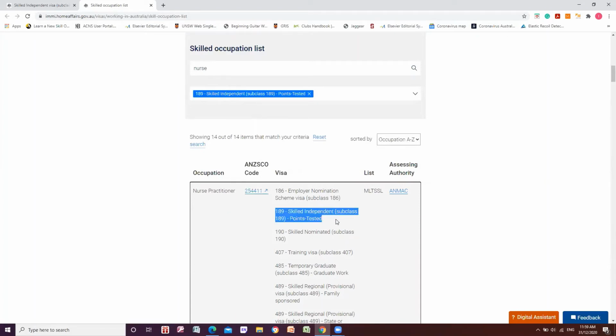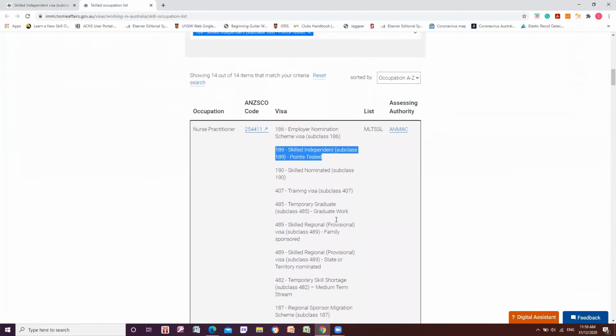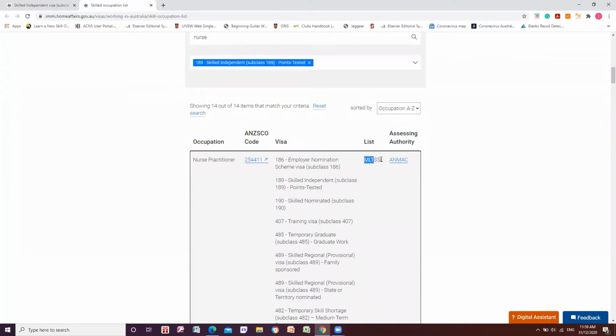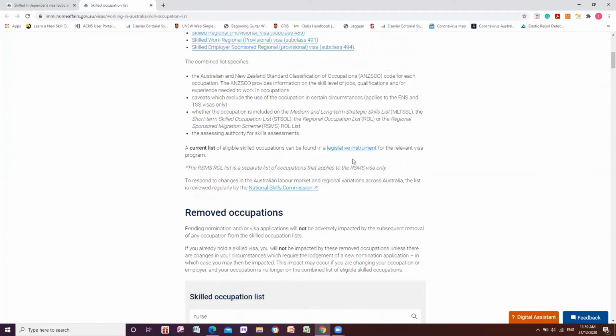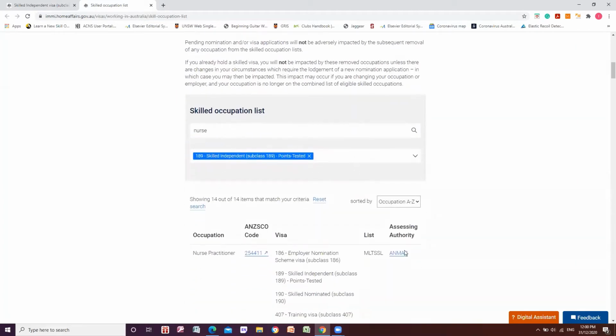We can apply for subclass 189 and other visas, and again, it's part of the Medium and Long-term Strategic Skills List, in which it's in demand in the medium and long term in Australia. The assessing authority is called ANMAC.